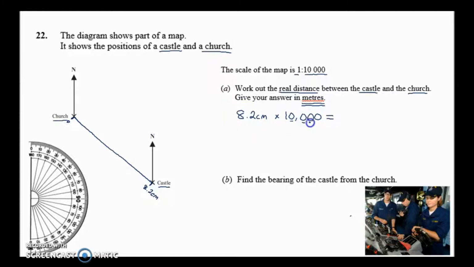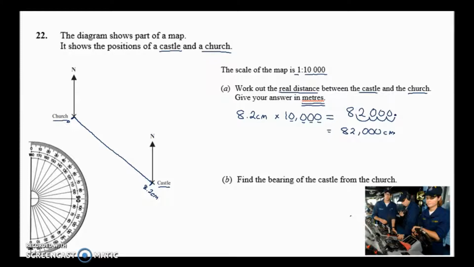It matches the number of zeros, 1, 2, 3, 4. I'll do this without a calculator, remember. So times it once, twice, 3 and 4. That's a bit of a dance there. Put in the zeros. So I've got 82,000 centimeters. All right, great.